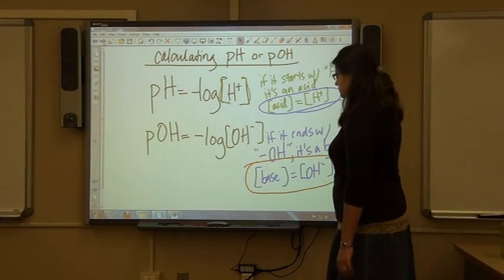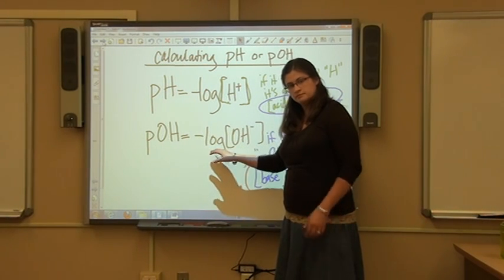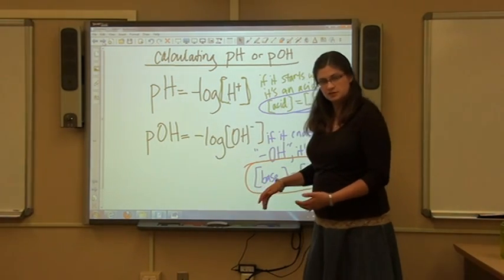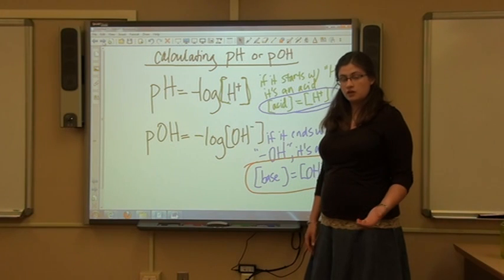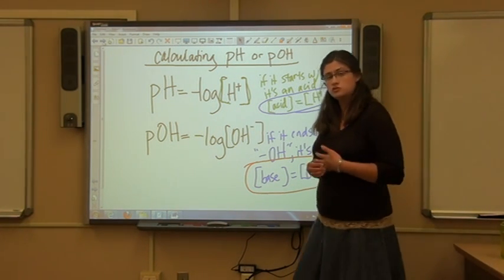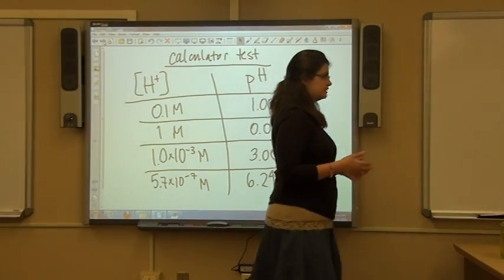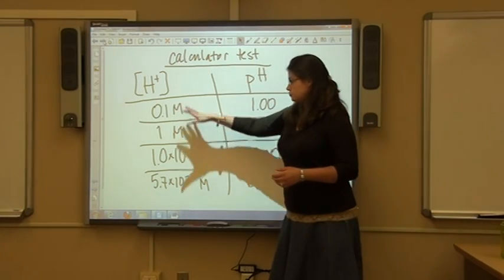Now this is a tricky formula. You're going to hit the negative sign, log, whatever your concentration is, and hit enter. All of you have different calculators and I'm not even sure what kind you're using. So what I want you to do is practice trying to find the pH of these concentrations here.